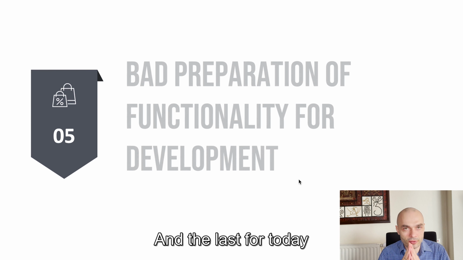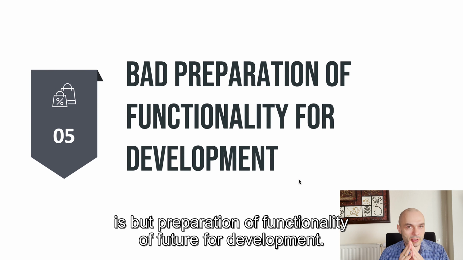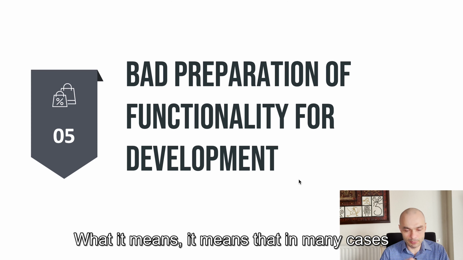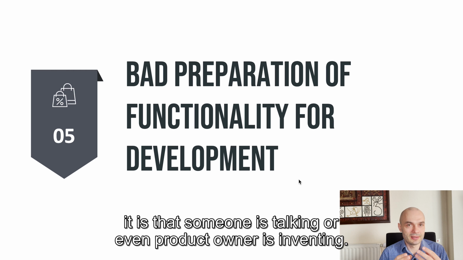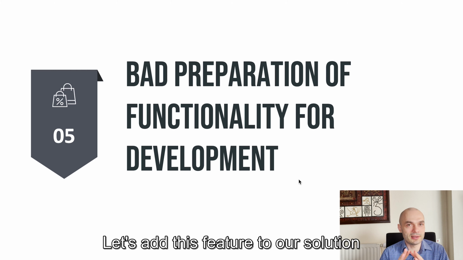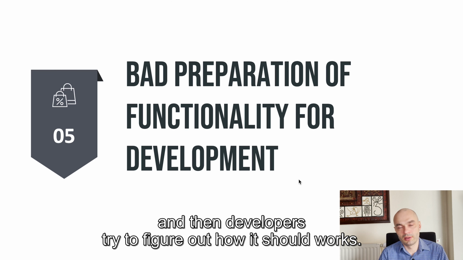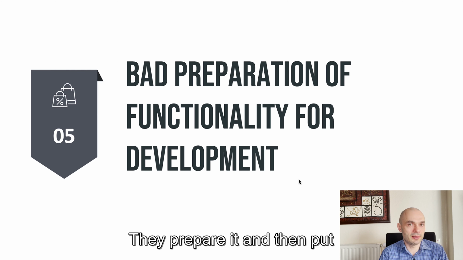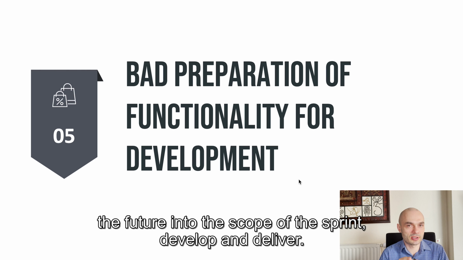And the last one for today is bad preparation of functionality, of a feature, for development. What it means is that in many cases someone is talking, or even the product owner is inventing, let's add this feature to our solution, and then developers try to figure out how it should work, they prepare it, and then put the feature into the scope of the sprint, develop and deliver.